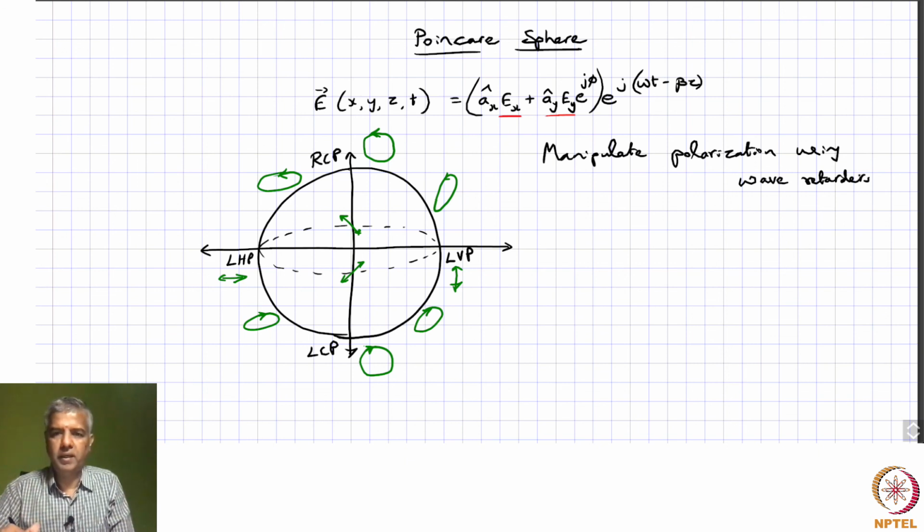What a half wave plate does is introduce a pi phase shift between the two orthogonal components.